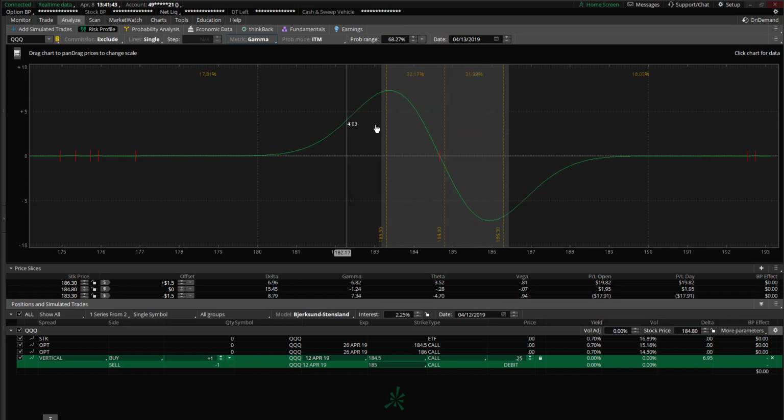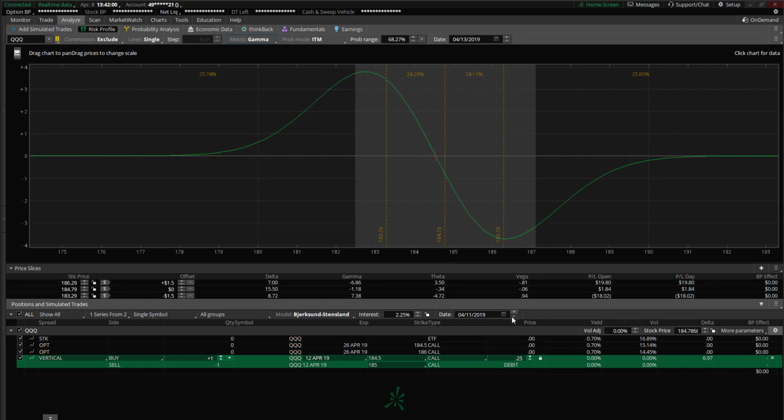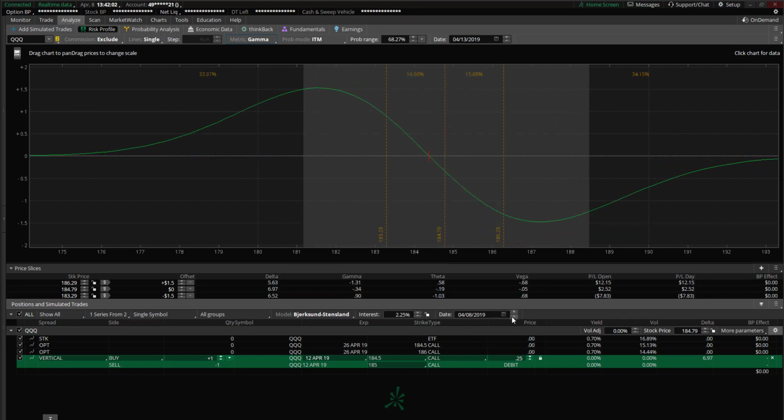And as you can see, your trade can be greatly affected by volatility, by delta, by gamma, by each of those as the trade goes on, and that's what it is allowing you to visualize. There are reasons to be able to do this, especially if you're putting on an intraday trade on a 0-day expiration trade.